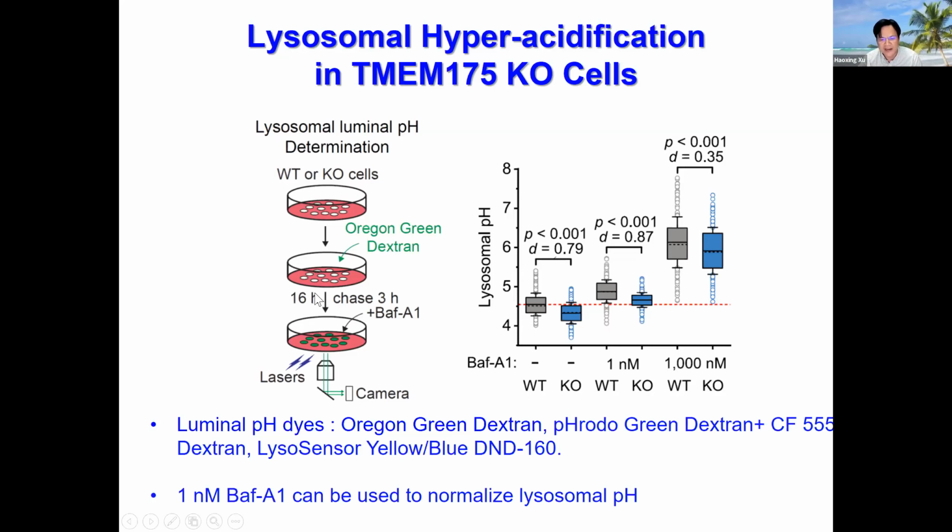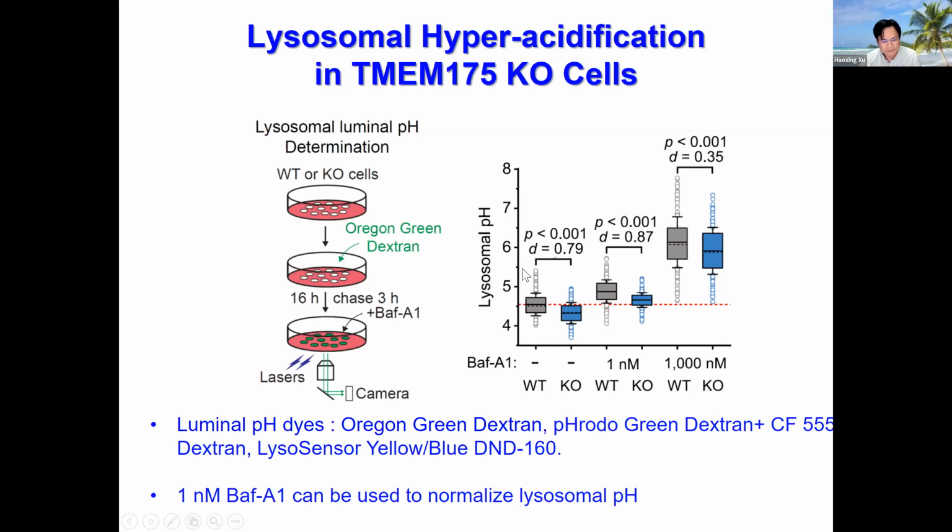When we block the V-ATPase using different concentrations of bafilomycin, lysosomes are deacidified, but there are still differences between wild-type and knockout cells. We find that a very low concentration of bafilomycin, 1 nanomolar, can bring the lysosomal pH to normal in the knockout cells. So this is the so-called lysosomal pH normalization or correction. I will talk about the significance of this in a few slides.